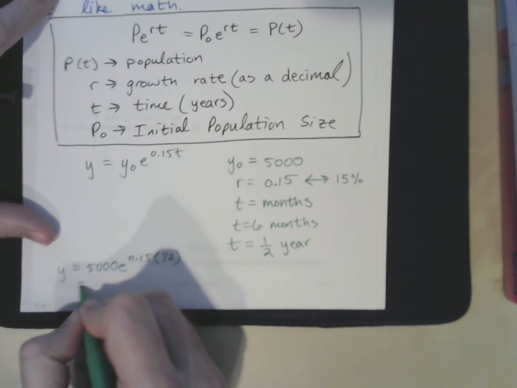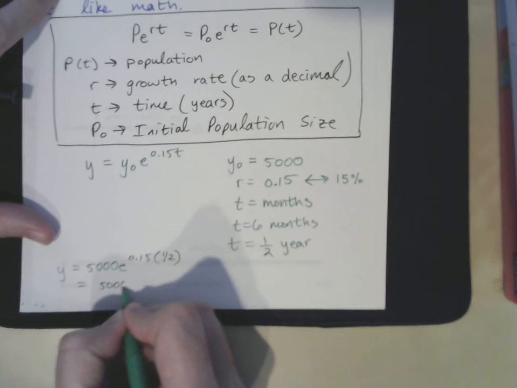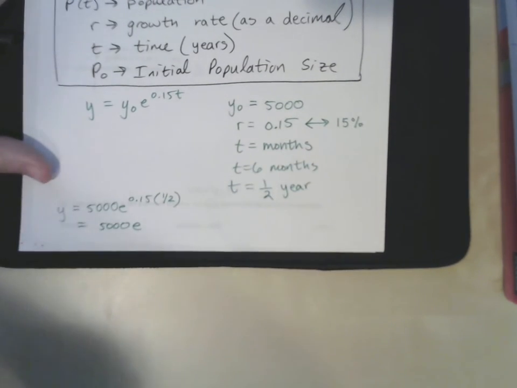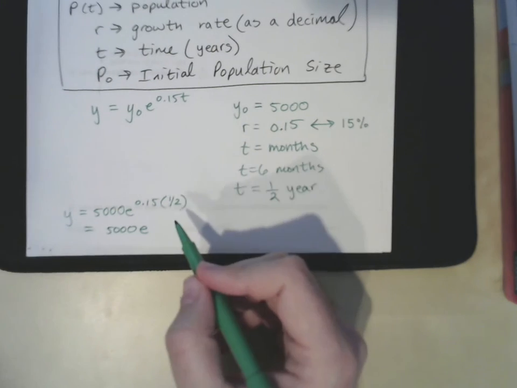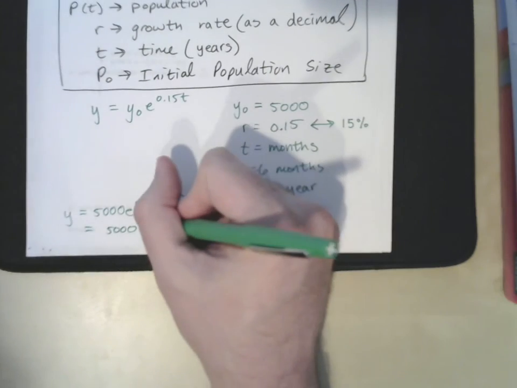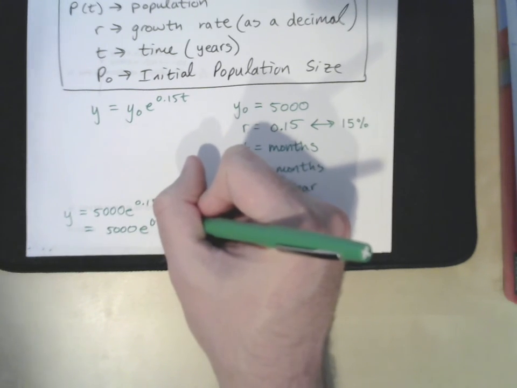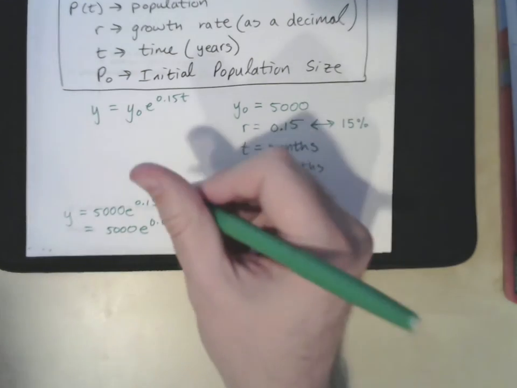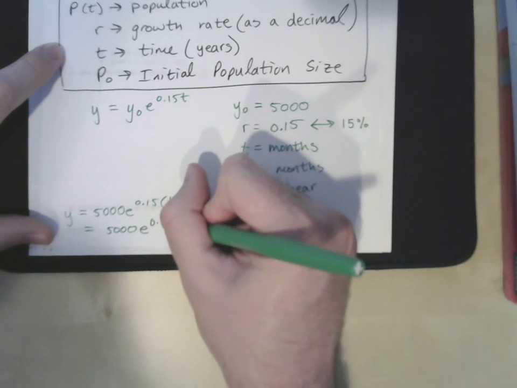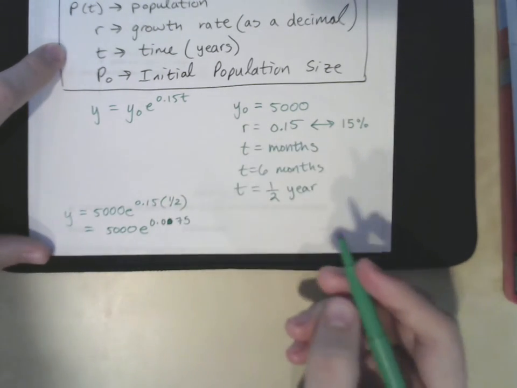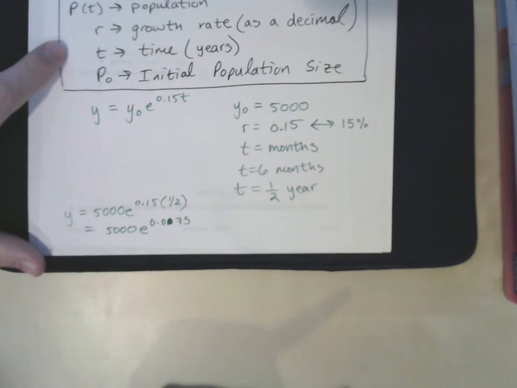So this is 5,000 e to the 0.075, it's too many zeros actually. This is just 0.075. And so we're just plugging that into our calculator.